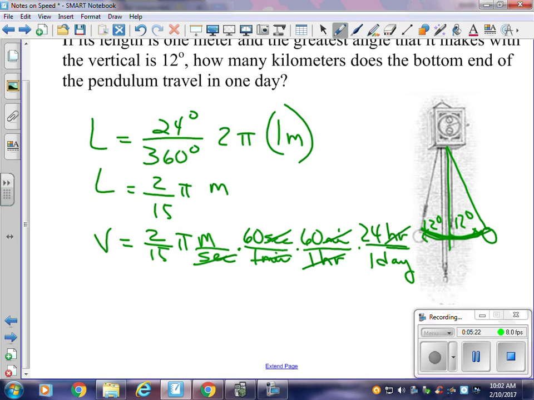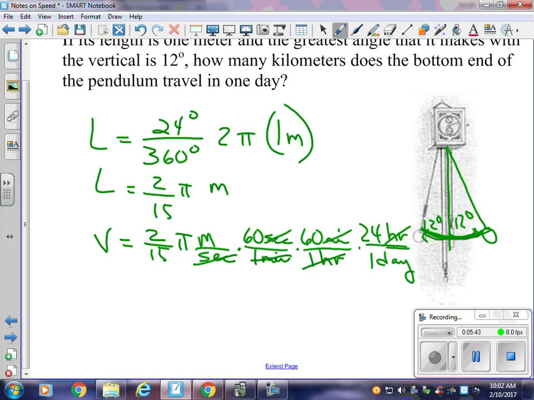Now, I got the day part in my problem, but I don't have the kilometer part yet. So now I need to figure out what conversion factor I need, because I have to convert meters to kilometers, and I'm not going to do it with the just-move-the-decimal thought.